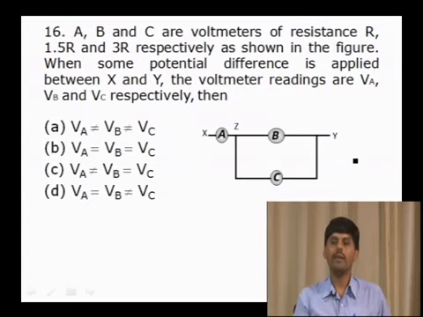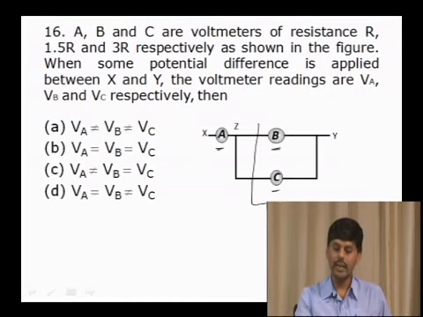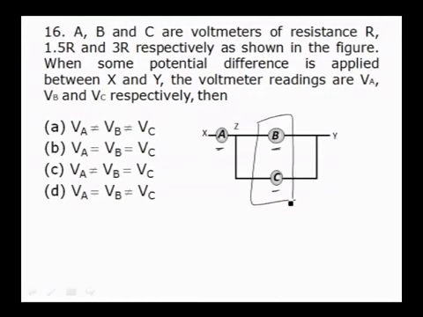Here they have given the 3 voltmeters. This is the first one, this is the second one and this is the third one. These two are connected in parallel. According to the problem, this value is 1.5R and this is 3R. Find the effective resistance of this combination using Rp is equal to R1 R2 divided by R1 plus R2.